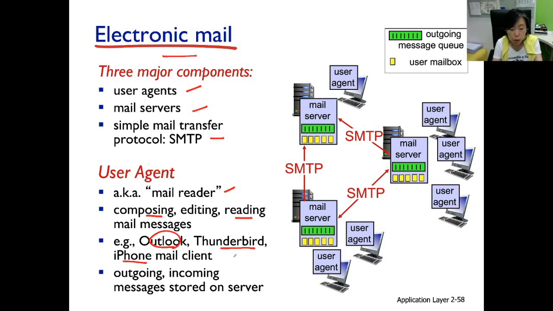Google is also trying to push for a Gmail mail reader. So there are so many of these email readers these days. Now, keep in mind though, the actual emails are all stored on the servers these days, not on the user agent.